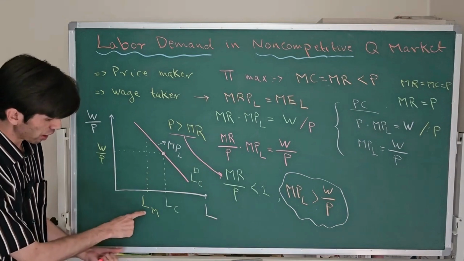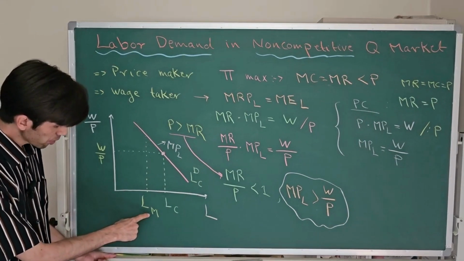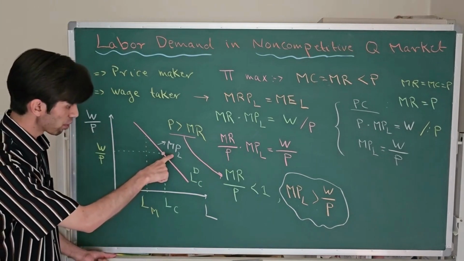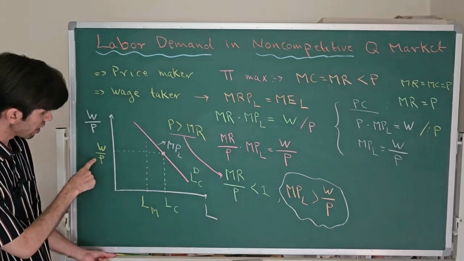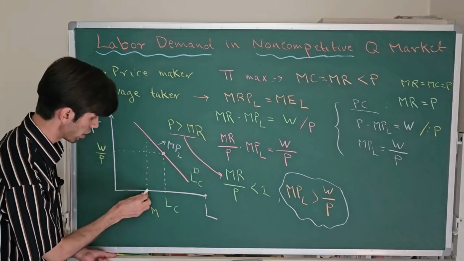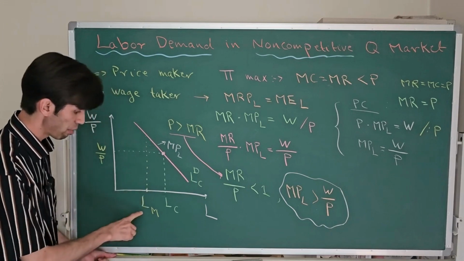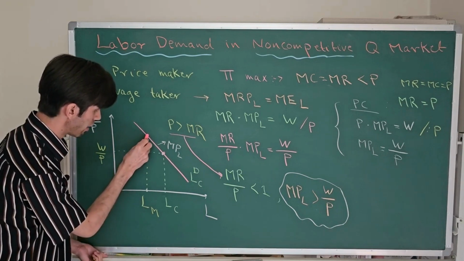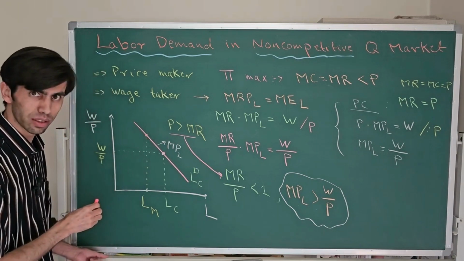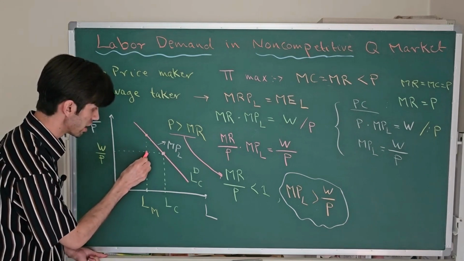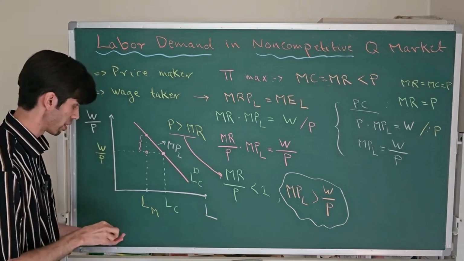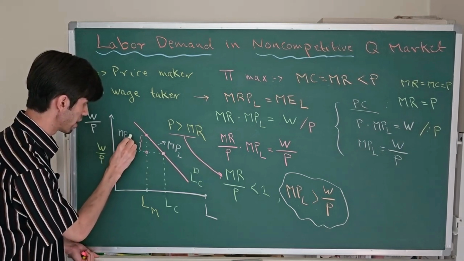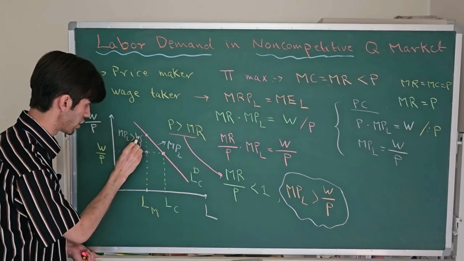So the demand for labor in the monopoly market is the labor amount where the marginal product of labor is higher than W over P. For example, when the demand for labor is LM for the monopoly market, the marginal product of labor is at this point, but the real wage is at this point. That means the marginal product of labor is greater than the real wage rate, W over P.